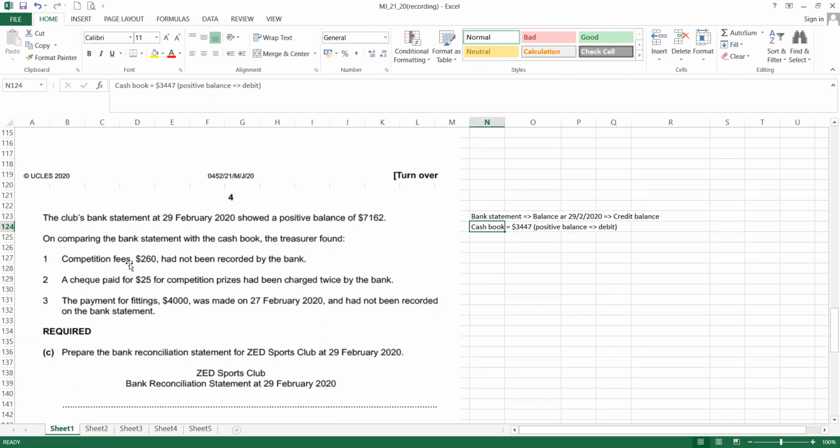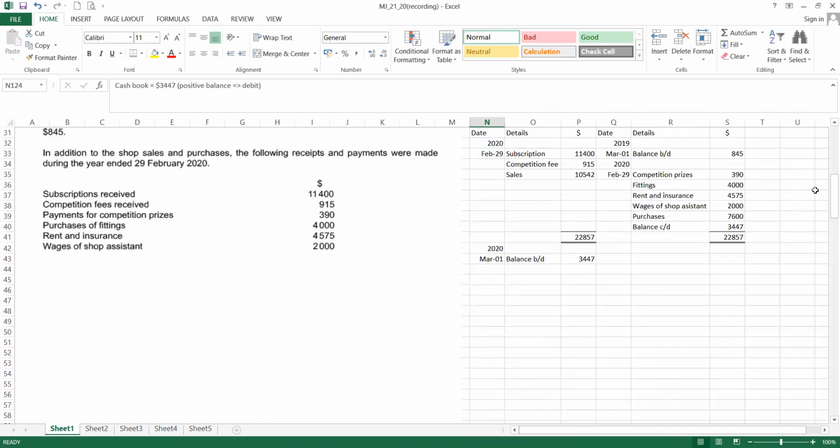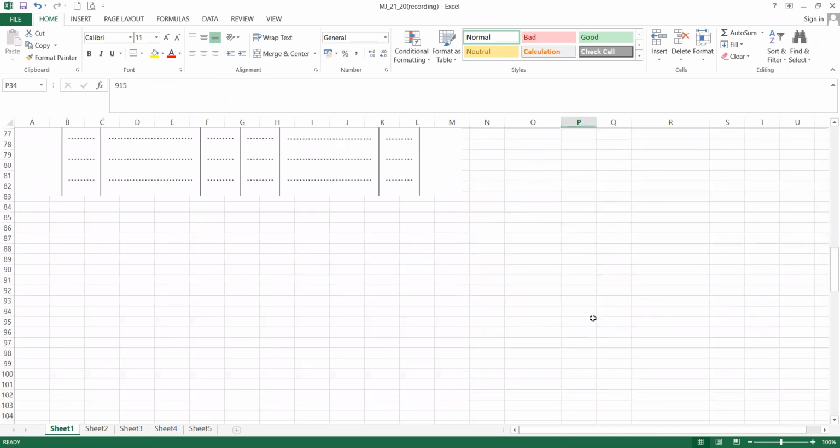Competition fee 260 has not been recorded by the bank. So note the words, not recorded by the bank. Competition fee 260, this is the amount. Let's see. In our amount, competition fee is income.